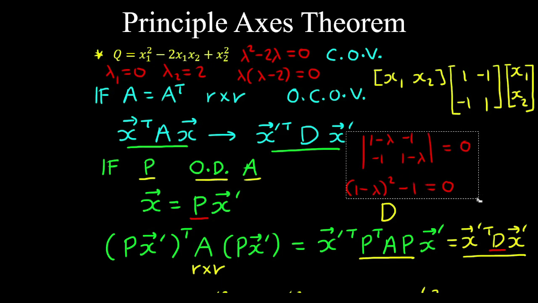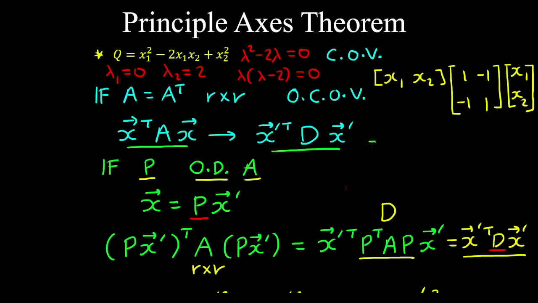So therefore we can write our quadratic form as follows, with a change of variables. So we have x1 dash, x2 dash by the matrix D with the eigenvalues on the diagonal. So we'd have zeros off the diagonal.